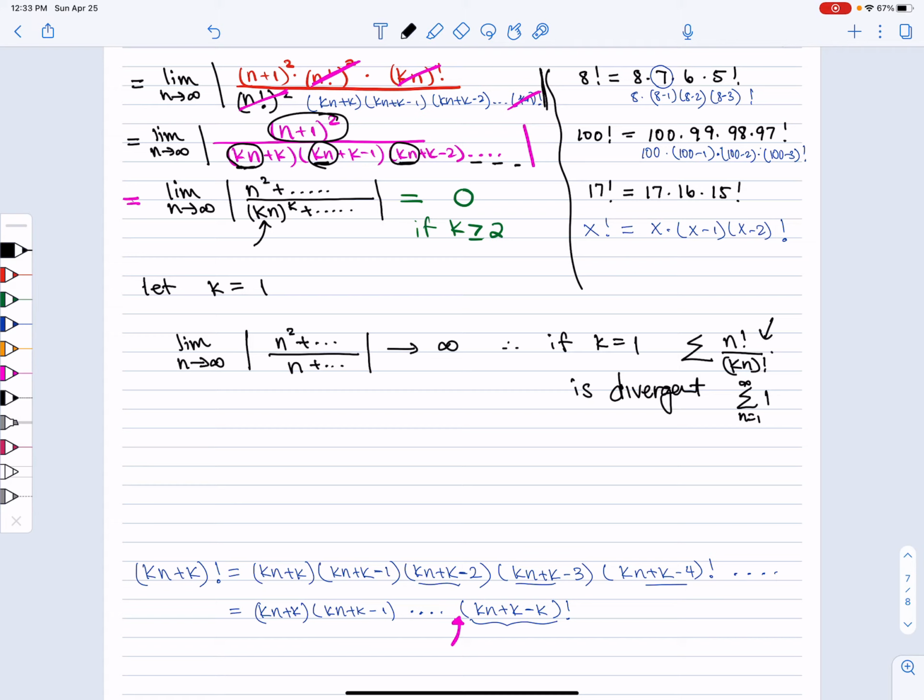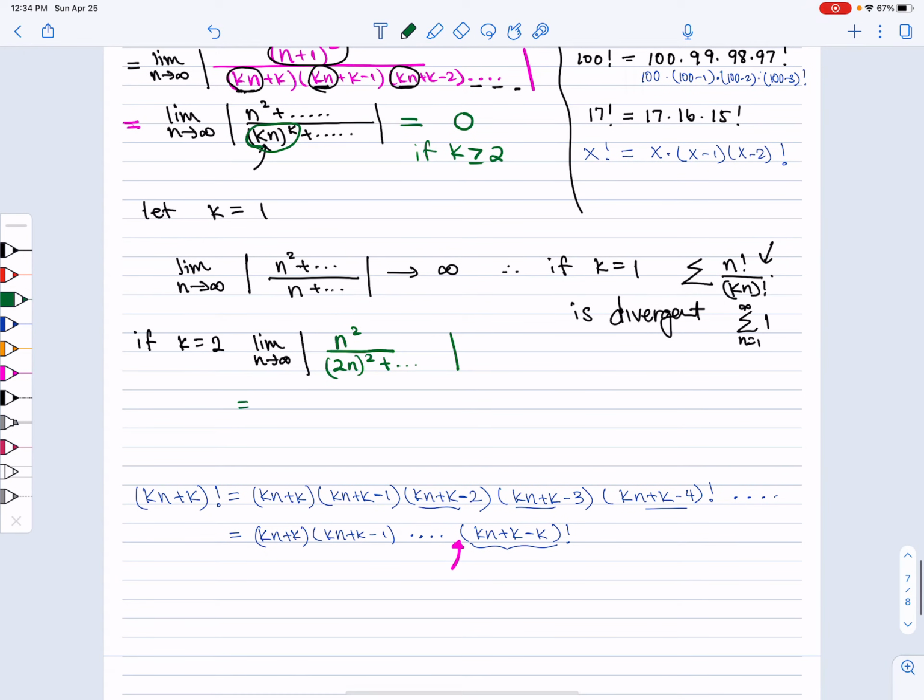Now, what happens if k is equal to 2? If k is equal to 2, for the first terms, we have the limit as n approaches infinity of the denominator, with k equal to 2. You're going to have 2n to the second power plus a couple of other terms. The first terms give you the limit as n is approaching infinity of n squared over 4n squared.